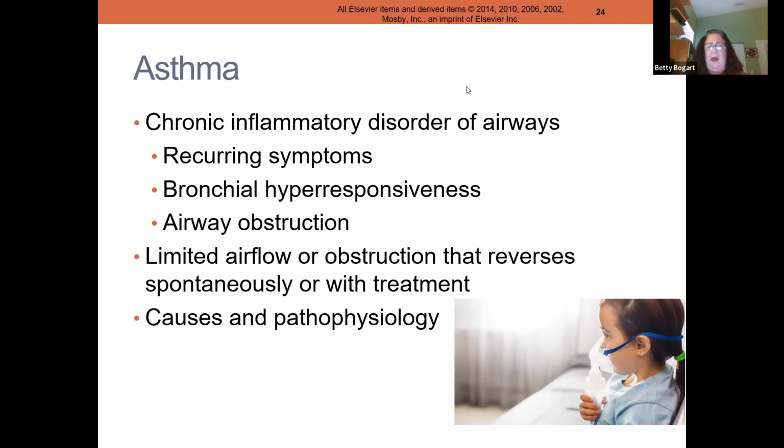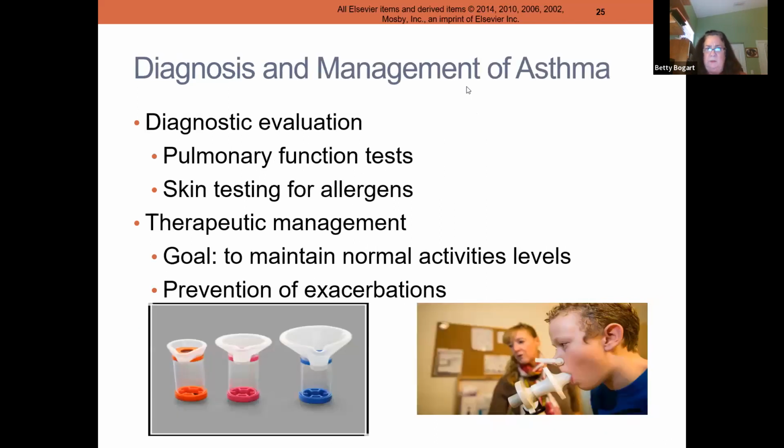So how do we treat asthma? Well, number 1, we need to look at the function of the lungs and we need to find out what they are allergic to, because if we can eliminate an allergen or desensitize them, they're going to have fewer asthmatic attacks.